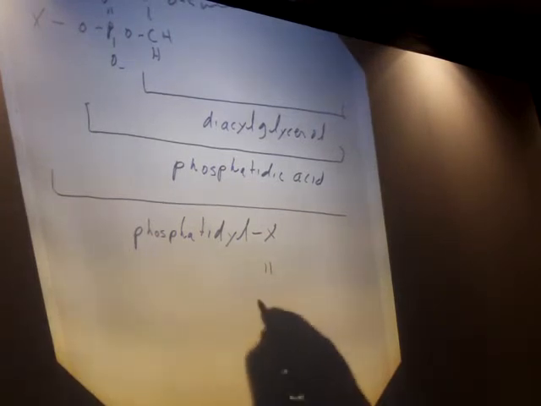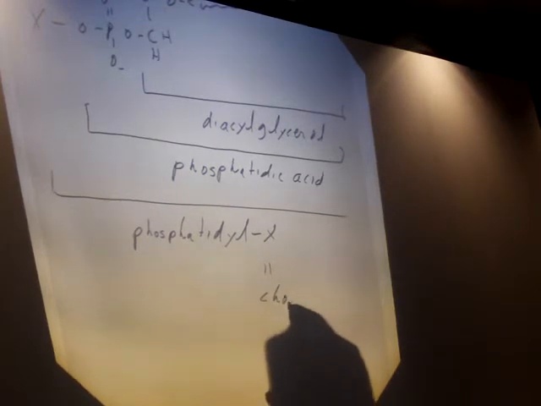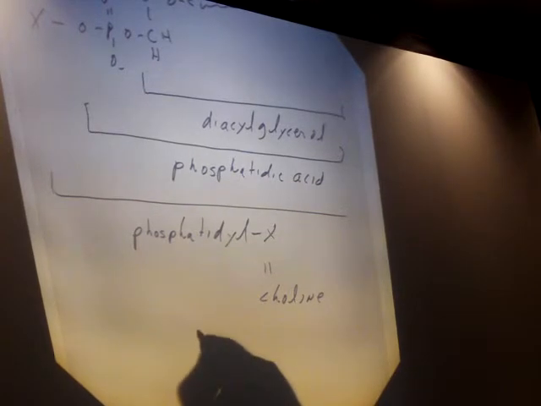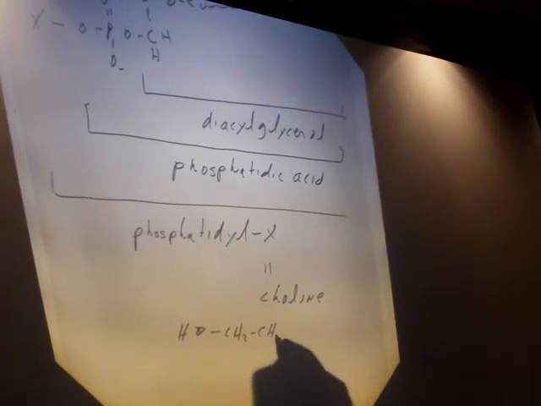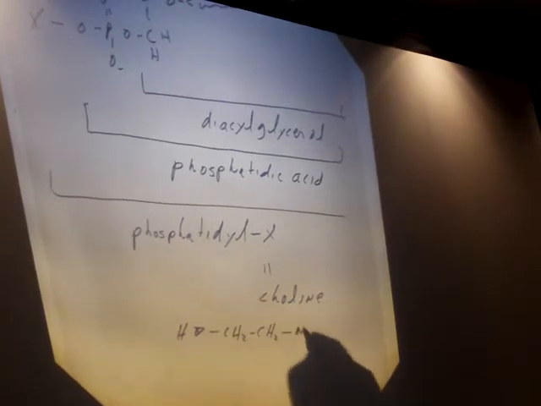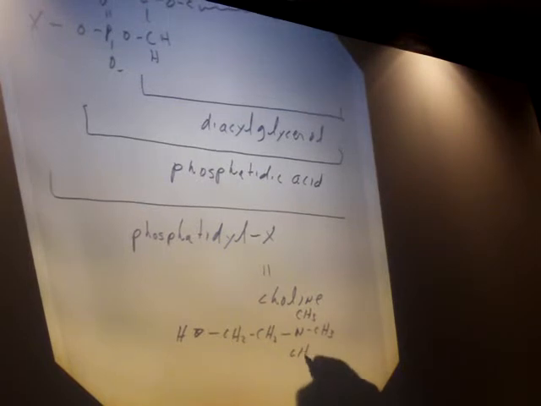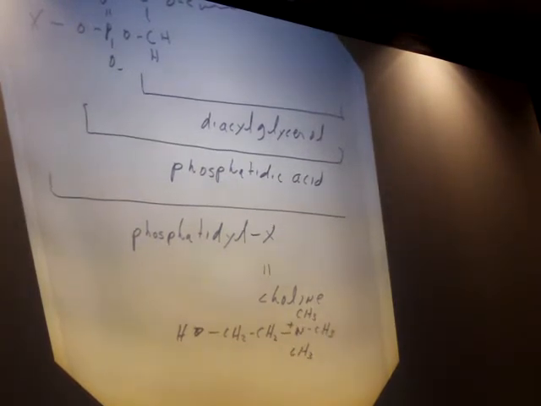X can be, the most common one is choline, which has the structure, the nitrogen has a positive charge here.